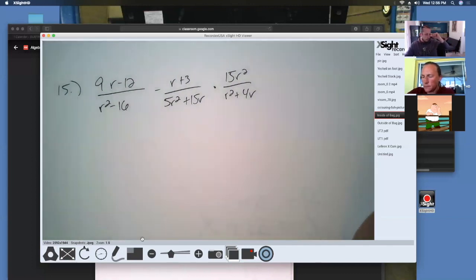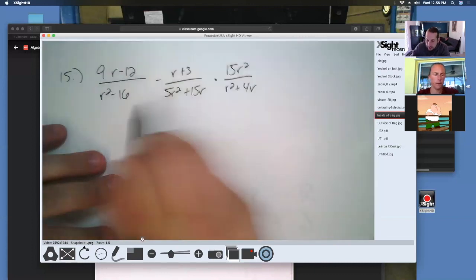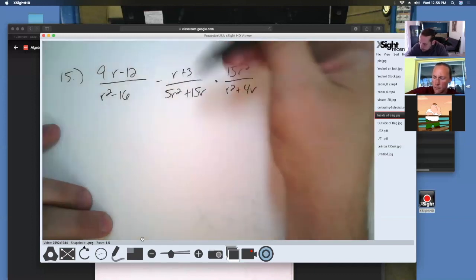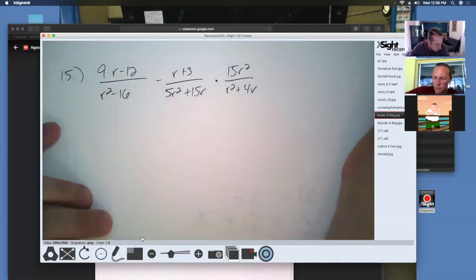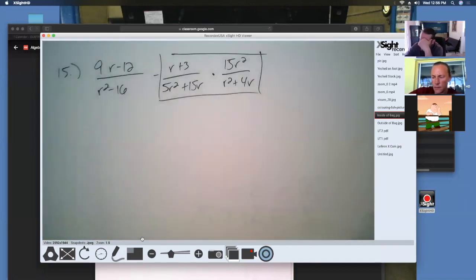First thing to notice on this one is we have that multiplication. So there's no sense creating like denominators if we're going to multiply and mess those up anyways. So we focus on this part first.